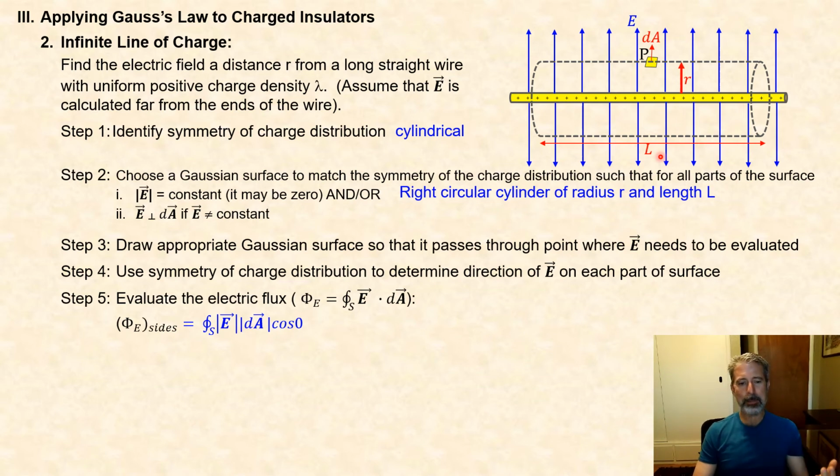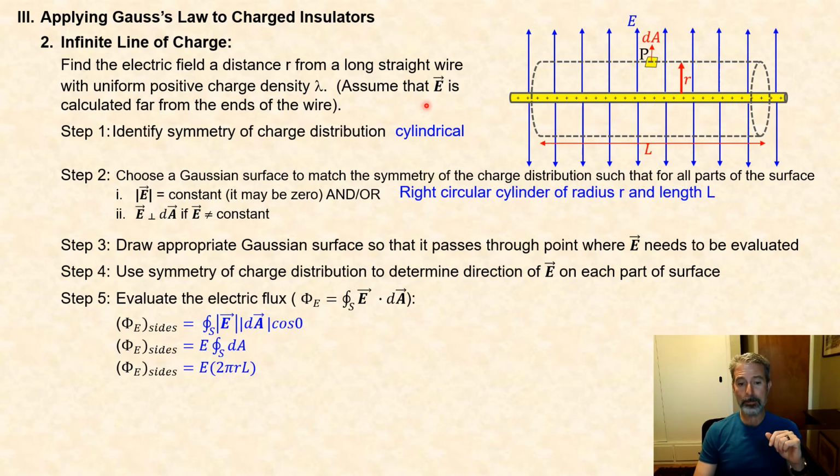It means we can take the magnitude of the field outside of the integral. The fact that dA and the electric field are in the same direction gives us a cosine of 0 factor when we do the dot product. And taking it outside of the integral will always be the case. What's left of our surface integral is simply summing up the infinitesimal area contributions for the sides of the cylinder, which gives us the total area of the sides of that cylinder.